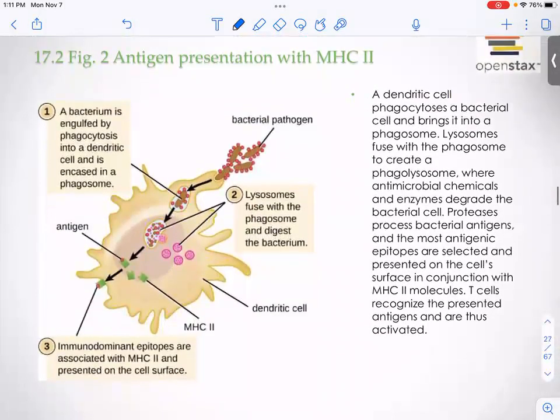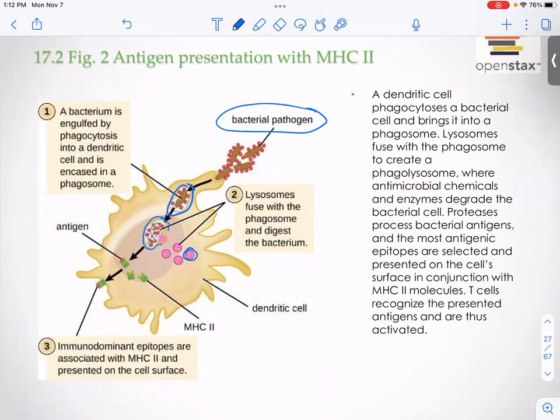Here's your book's graphic, just to visualize how that happens. Here's a bacterial pathogen that gets phagocytized. Here's the endosome, that phagosome, and then these little pink balls are the lysosome that fuses with the phagosome. That's where all the killing takes place.